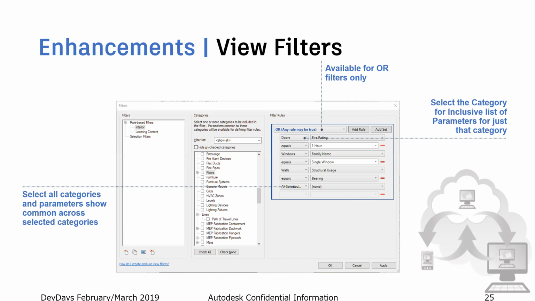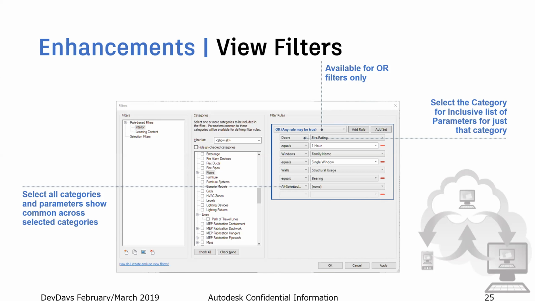You can also say, give me only the list of properties or parameters that apply to all the categories, and then you would get that traditional list that you've always had for AND filters. The goal here is to make OR filters much more powerful and flexible, where you can start to say that you want doors with a certain fire rating, but windows with a family name, and then walls with a certain structural use.